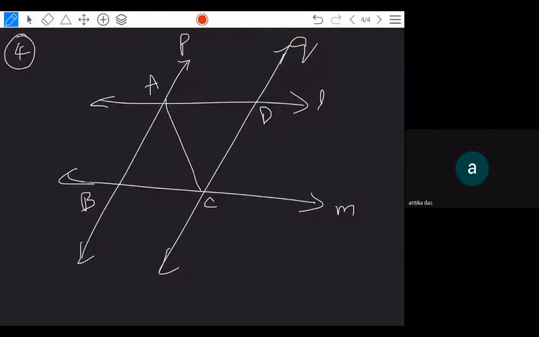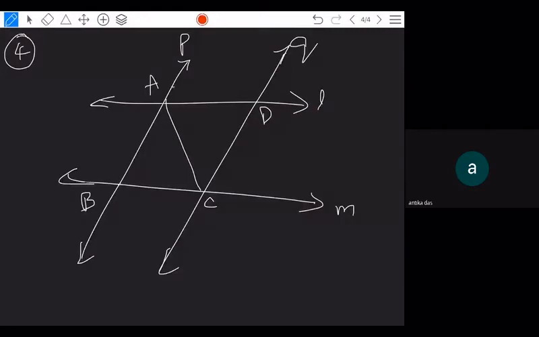Yes, sir. So now here, what congruency can be used here? A has a congruency. Yes, sir. You can use the A congruency you are saying, and I am saying to you, you can use the SAS also, because these are parallel lines given.